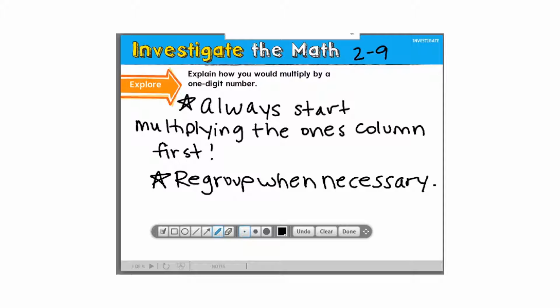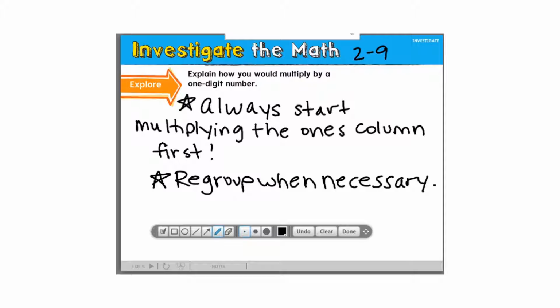It's really what you're doing is you're regrouping. So you're taking a set of 10 little ones and you're making them into a long over in the tens column. So every time we regroup, that's what we're doing. So we're just going to do several examples in your notes, and then we'll do a few on the whiteboard and see what you get.